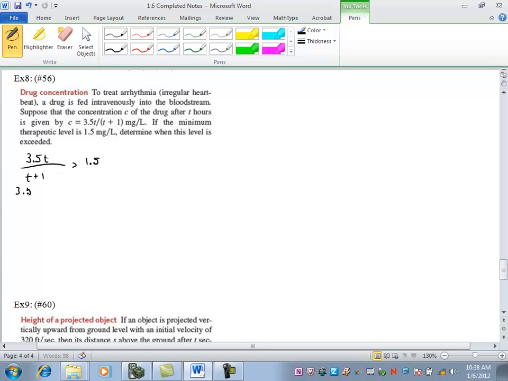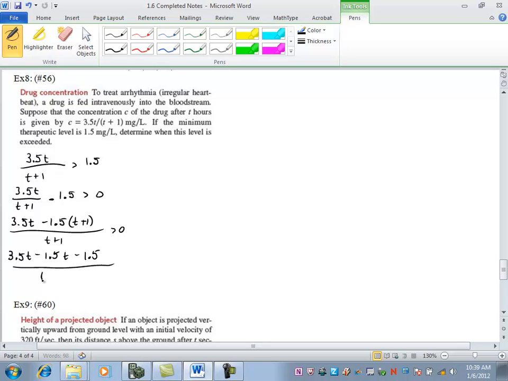We know this is going to be 3.5 T over T plus 1 minus 1.5. This is greater than 0. 3.5 T minus 1.5 times T plus 1 all over T plus 1. When is that greater than 0? 3.5 T minus 1.5 T minus 1.5 all over T plus 1 greater than 0.